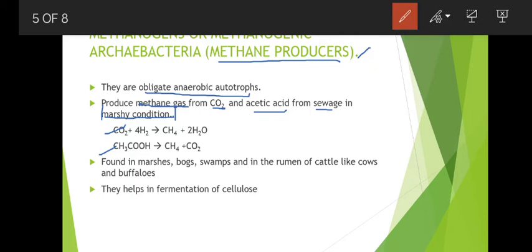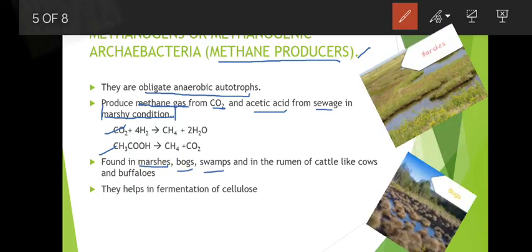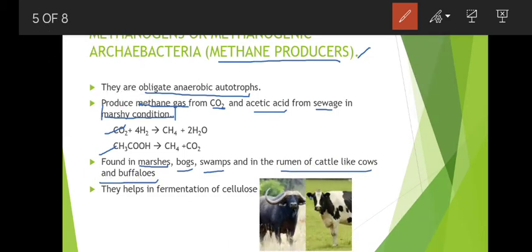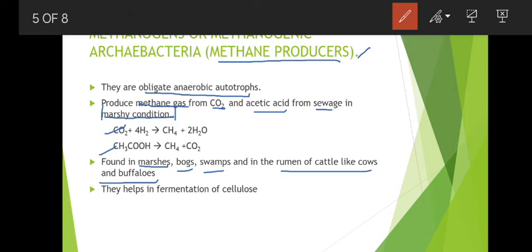Now the next point is they are found in marshes, bogs, swamps, and in the rumen of cattle like cows and buffaloes. From this point comes the last point, that is, they help in fermentation of cellulose. This is directly related to their presence in the rumen of cattle like cows and buffaloes.